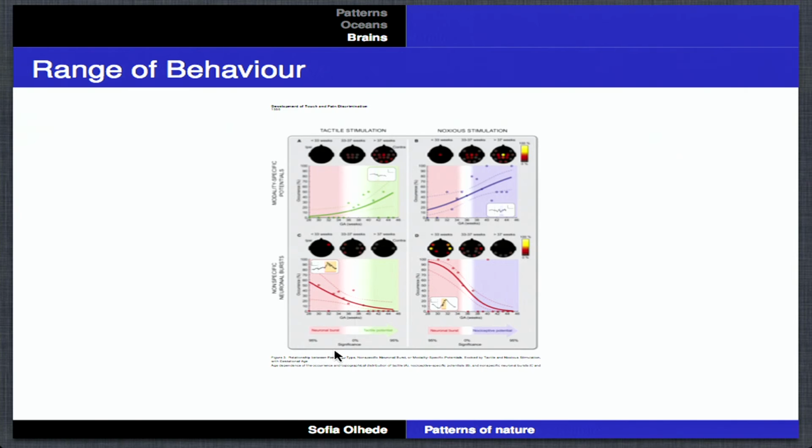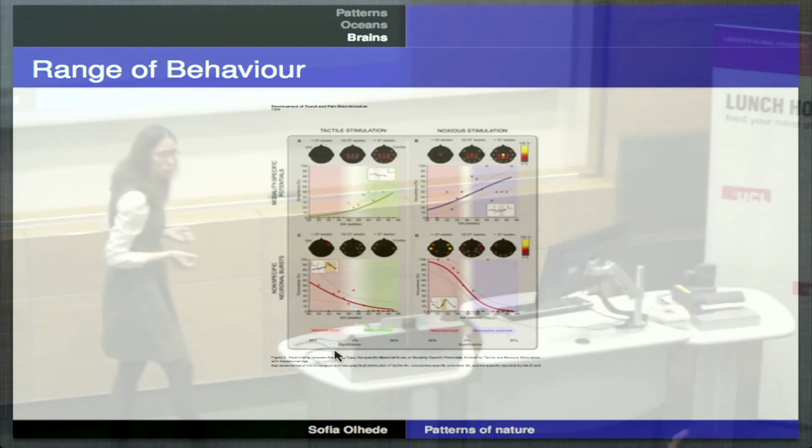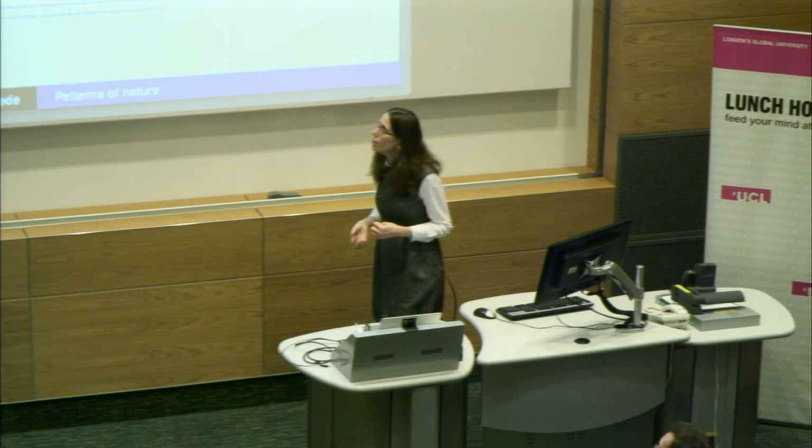So as we look at the type of stimulation, which are the two different columns, and we compare with the incidence of response with a particular kind of wiggle or type of signal that we're trying to identify, what occurs is that there's a clear trend. So what you see is the curves that go down or go up because a specific stimulus becomes more or less common depending on the age of the infant. So the type of wiggles which actually characterize the oceanographic signal we saw before is now being used to describe the response to stimuli in infants.